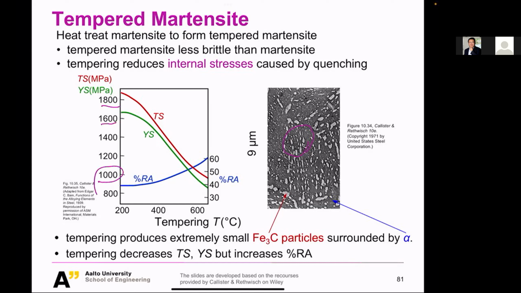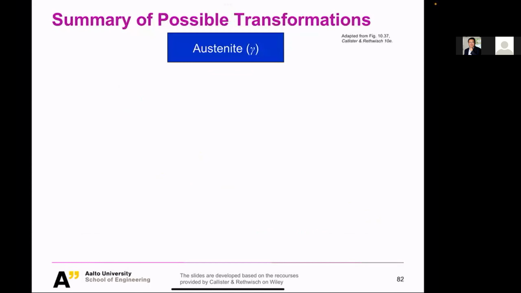But what you improve significantly is your so-called reduced area, or the ductility. So you get really an increase in that. So it's about a trade-off. All right. So that was all the correlation between these 4 different phases and the mechanical properties.